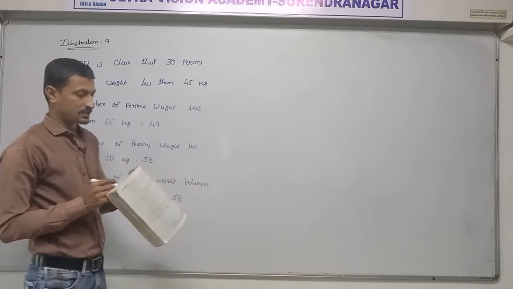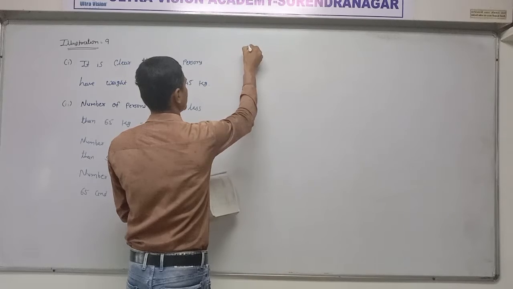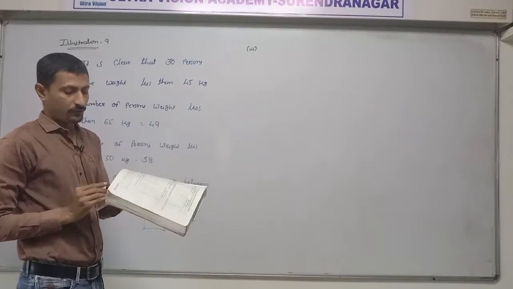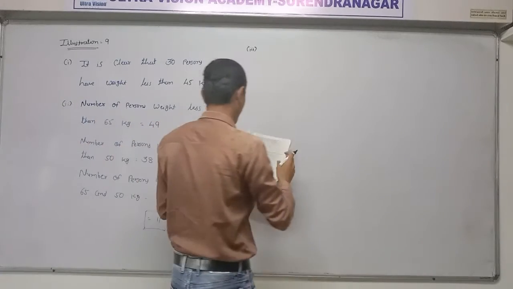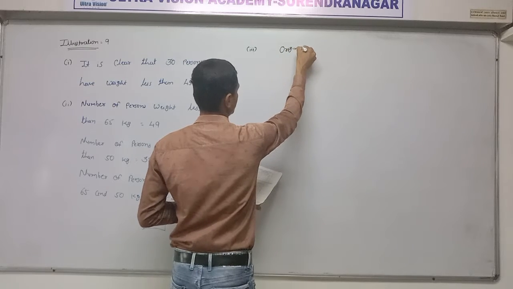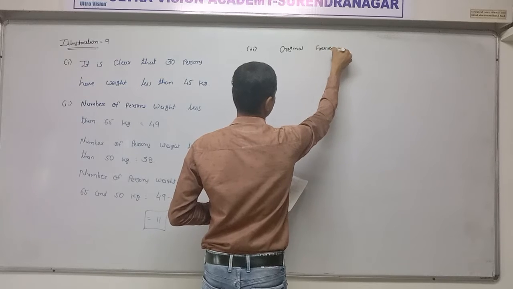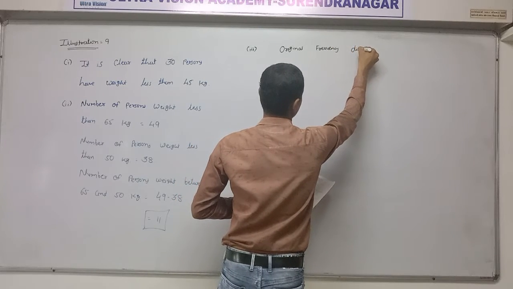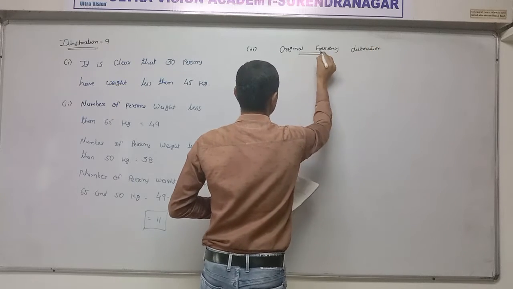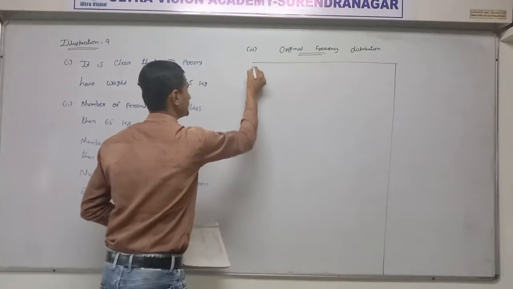Okay, and the last question, number 3: the original frequency distribution. Can you write down the original frequency distribution? First of all, make the table properly with 2 columns.